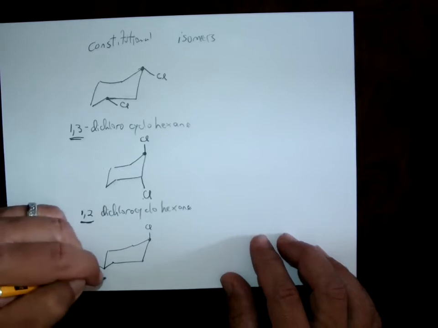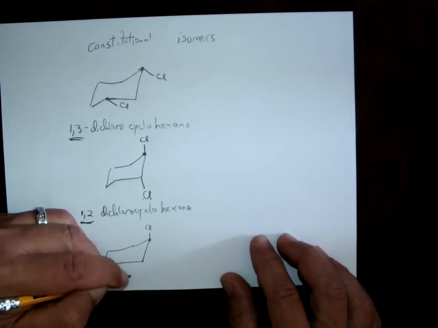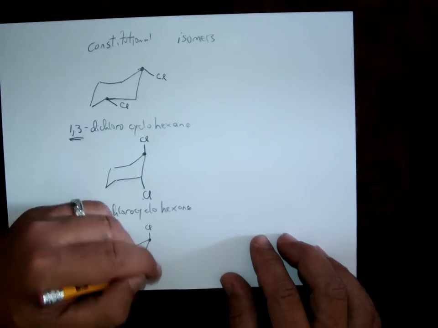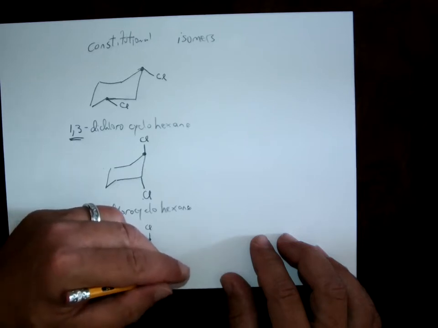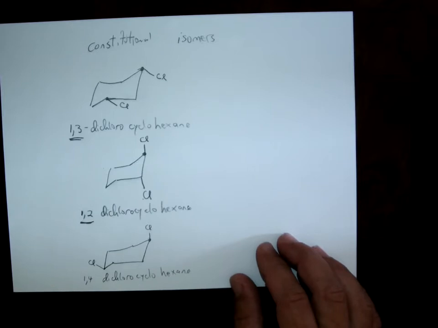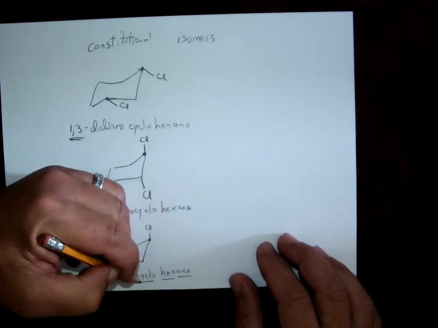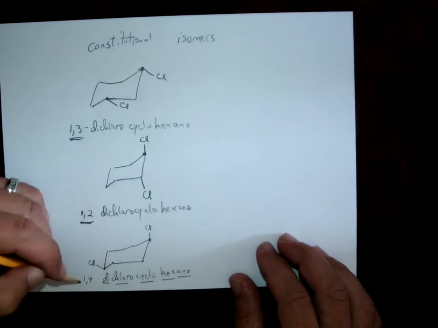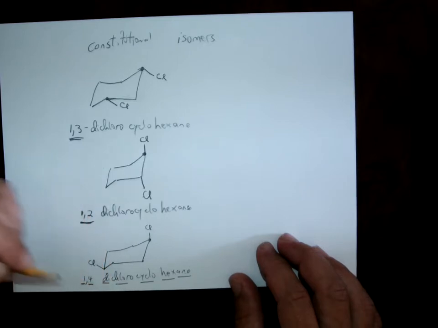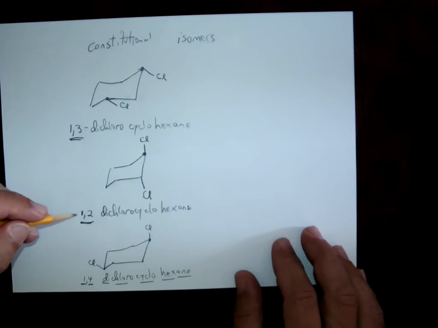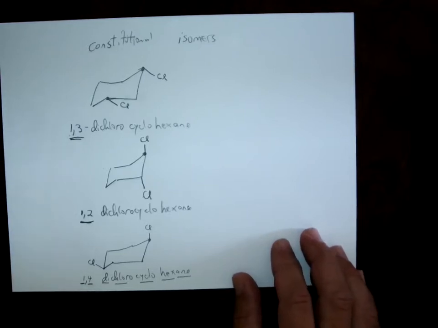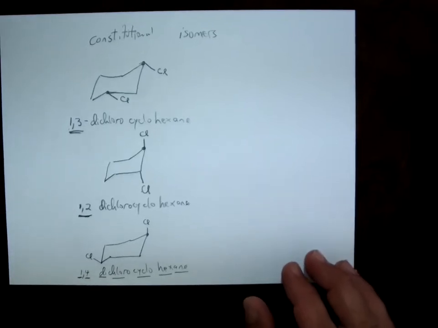So you can have a 1,4-dichlorocyclohexane. So as we look at it, if you break it down individually, 6 carbons, single bonds, in a ring with 2 chlorines, one on the first carbon, one on the fourth carbon. So 1,2, 1,3, or 1,4 substitutions, fairly common.